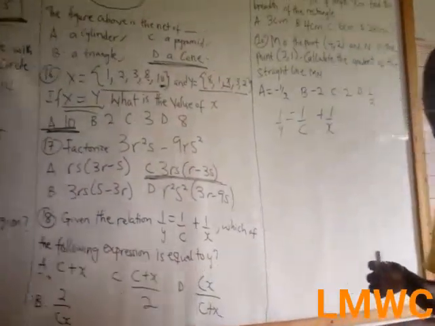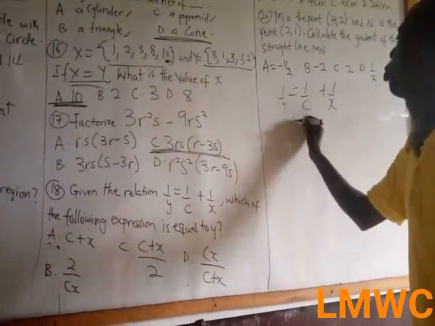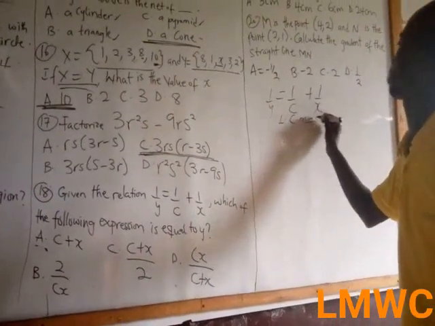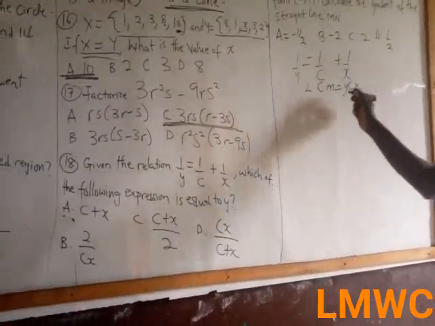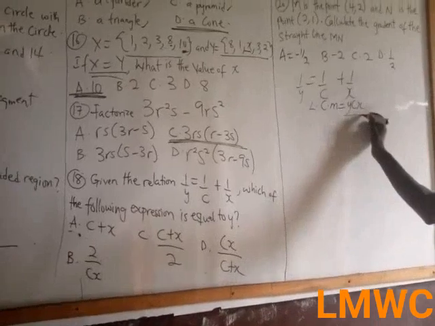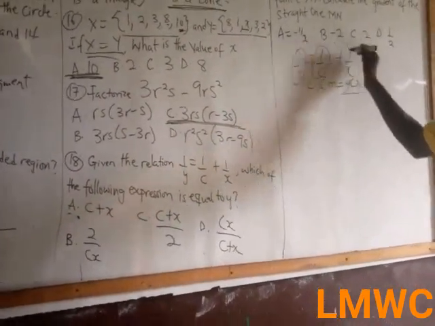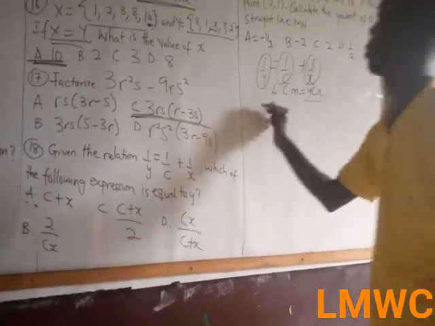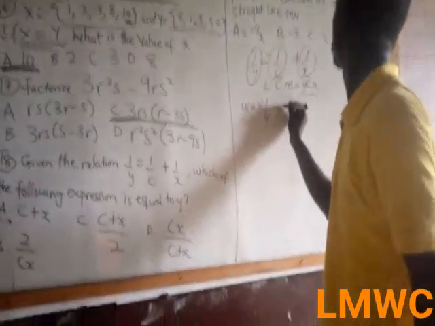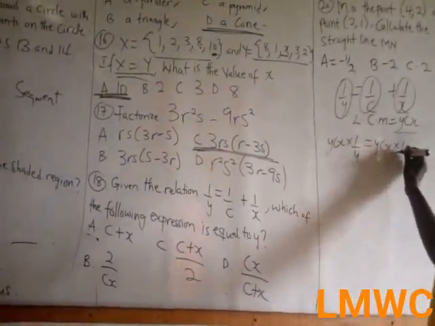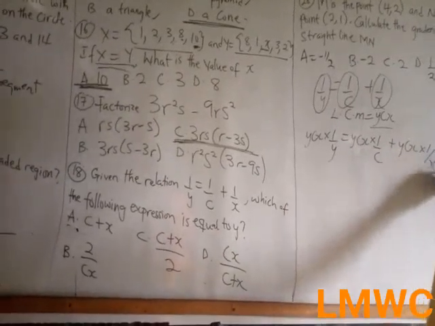Always, I say, if you are given a question like this, you choose all the letters as your LCM, so it's y, c, x. After getting your LCM, you multiply through by the LCM. We have 3 terms here. This is one term, this is another term, and this is another term. So it becomes ycx times 1 over y equal to ycx times 1 over c plus ycx times 1 over x.